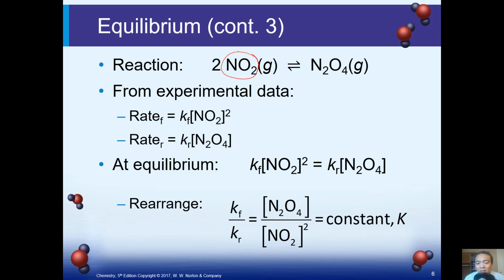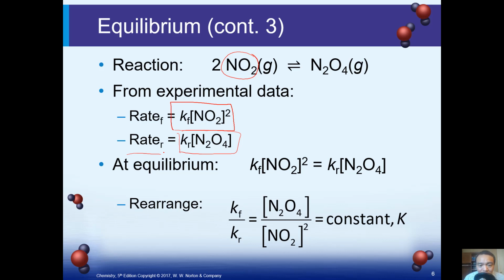Chemists know from experimental data that the rate laws for the forward and reverse reactions are Kf times this concentration, and for the reverse reaction you have the rate like this. But I'm going to add a point over here. These rate laws must be experimentally determined. You cannot read this reaction and have that rate law.